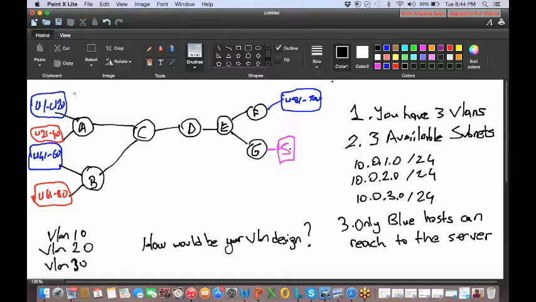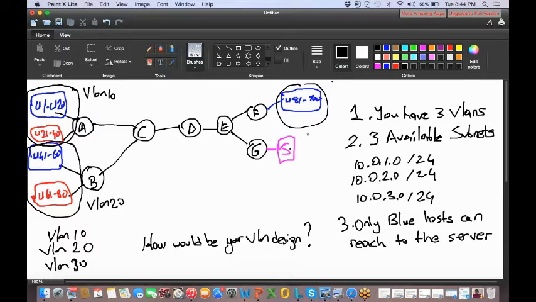If we put the users connected to this switch A into VLAN 10, let's say, then users connected to switch B into VLAN 20, and this one, switch F, this user group, VLAN 30. Now, what do we want? Blue users to reach the server only, not the red ones.